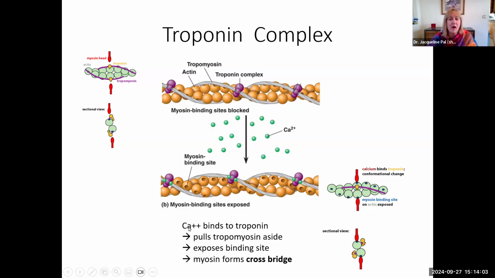So when calcium ions come along and bind to the troponin, that forms this complex between actin, tropomyosin, and calcium that pulls tropomyosin aside, exposing the binding site. And when myosin enters the binding site, we form a cross bridge between actin and myosin. So another term here: a cross bridge is formed.